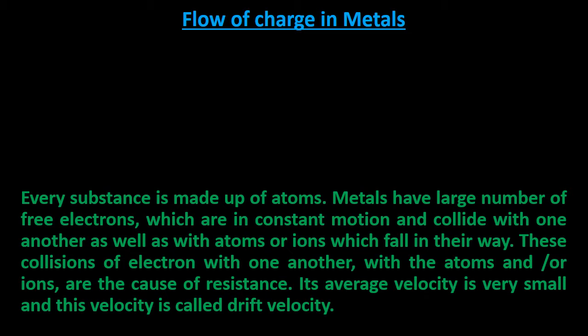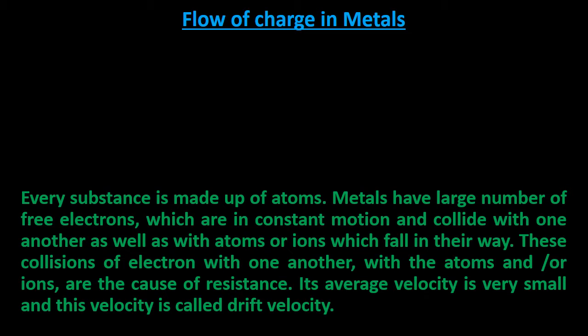Free electrons means the electrons which are not bound, they are free to move anywhere within the metal, which are in constant motion and collide with one another as well as with atoms or ions which fall in their way.